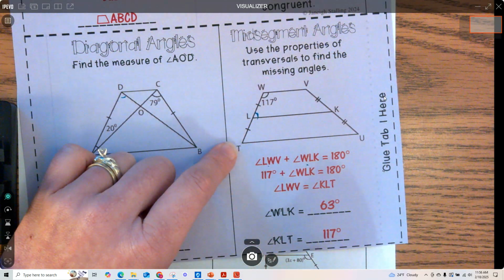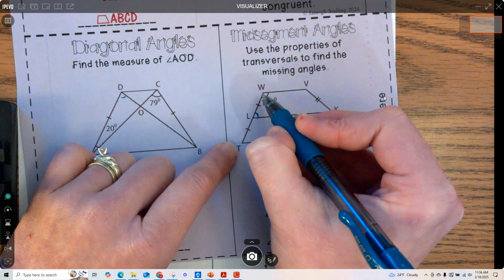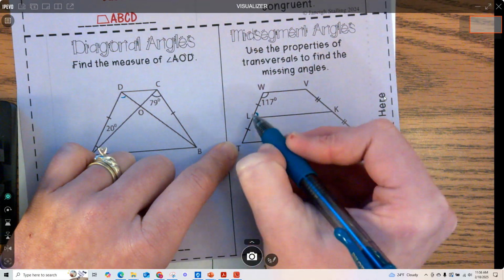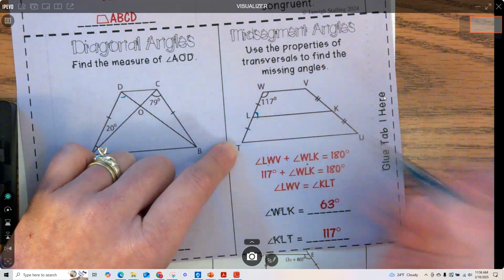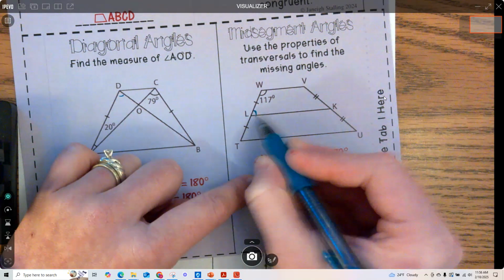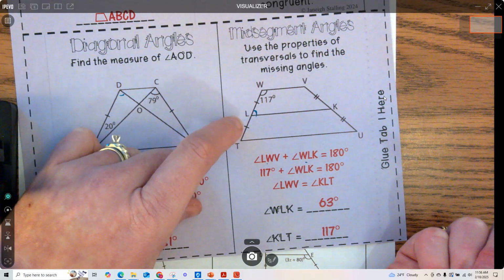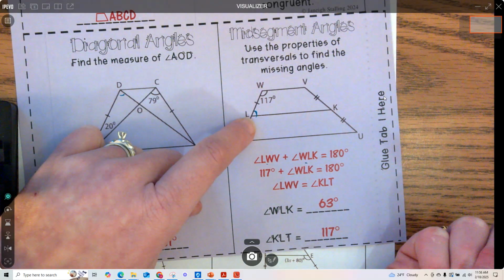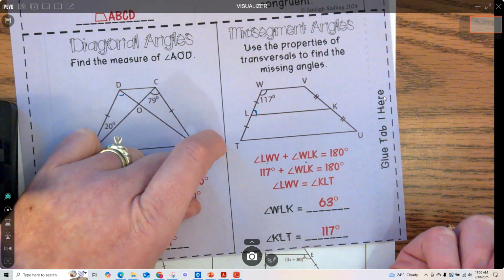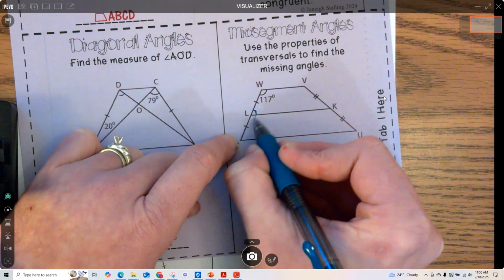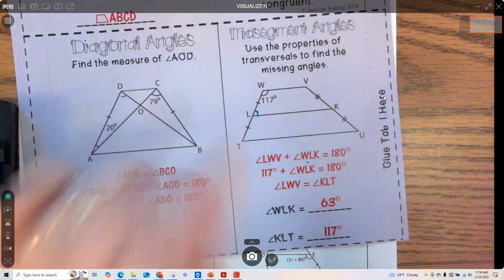If we add those two together, it's going to equal 180. Just like this angle, I don't know if that one works that way, but this one does. The mid-segment, it'll add to 180. So we can find the missing angle. If we know what this one is, then we can find other missing angles. We can find what this one equals right here. It'll make more sense when we do it, okay?